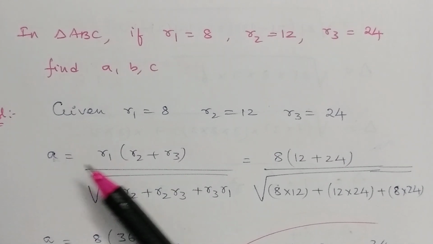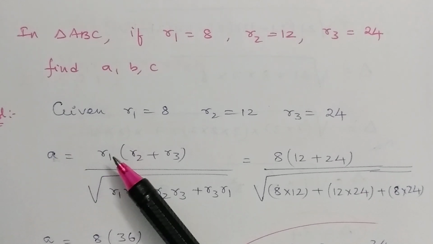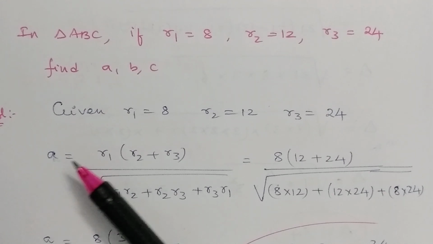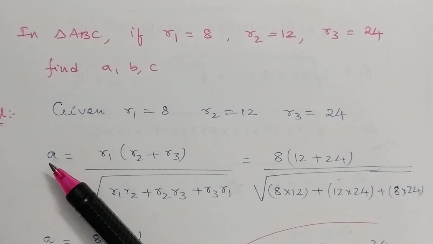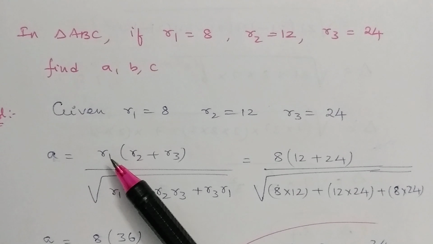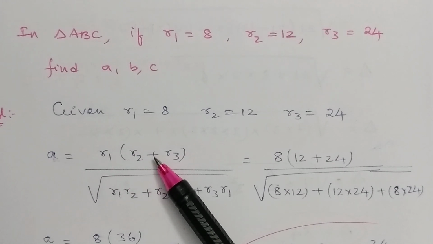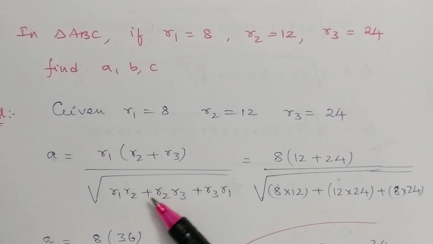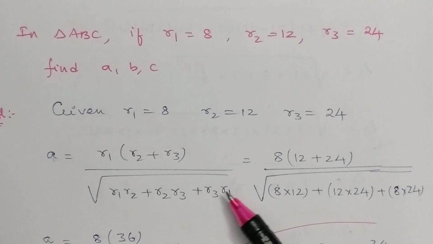Alphabetically, 1 stands for A, 2 stands for B, 3 stands for C. So when you are calculating A, R1 must be written outside, and the remaining R2 and R3 are written inside the bracket with plus, by root over R1 R2 plus R2 R3 plus R3 R1.